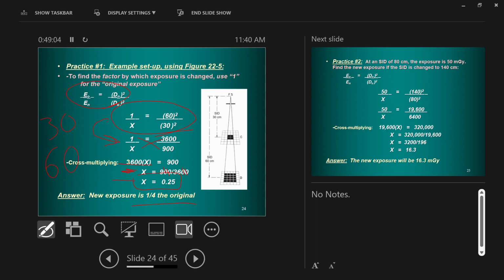So a patient received an exposure of 50 milligray at a distance of 80 centimeters. We want to know what their exposure would be, X, unknown, if the distance were 140 centimeters.